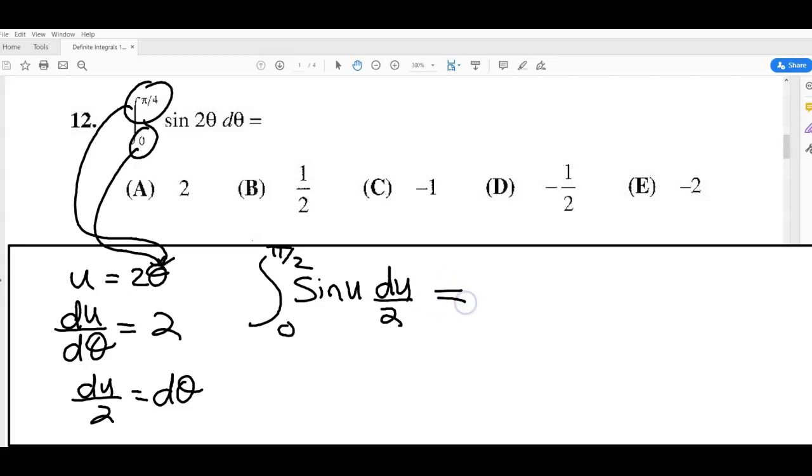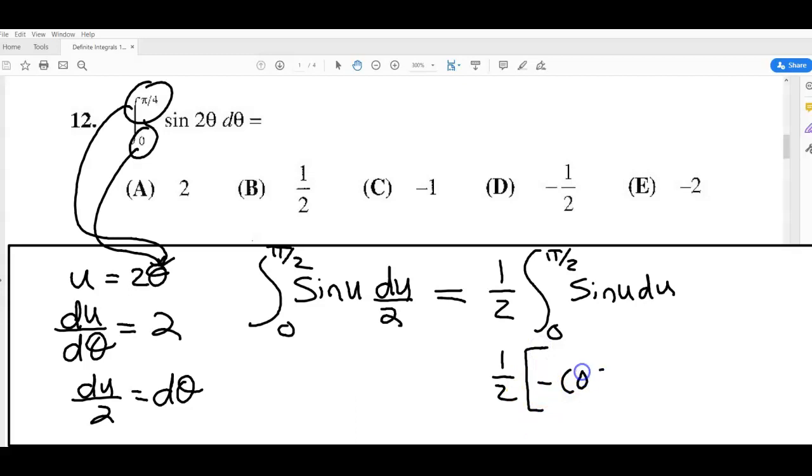So next thing I'm going to do is I'm going to pull that half out to the front. And here is our new expression. All right. The integral of sine is negative cosine. Notice I'm not doing the plus c on these problems.